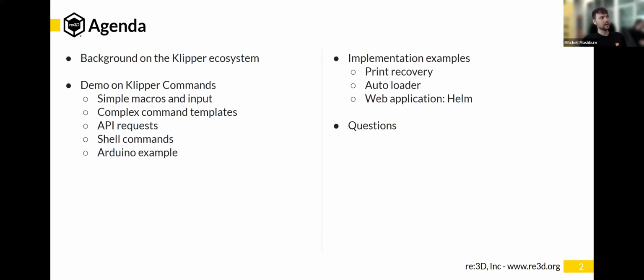We'll go through things like API requests, shell commands, and for those that like to use Arduino, we'll have an example there as well where we can control an Arduino with Klipper. And after the demo, we'll go through some of our implementation examples, some of the things we've used, and some of these custom applications with Klipper, and then we'll do questions, of course.